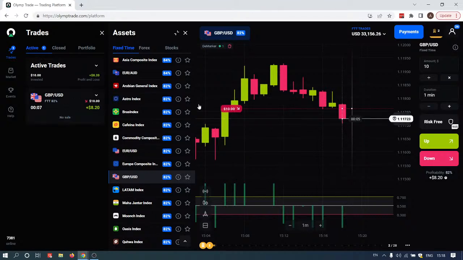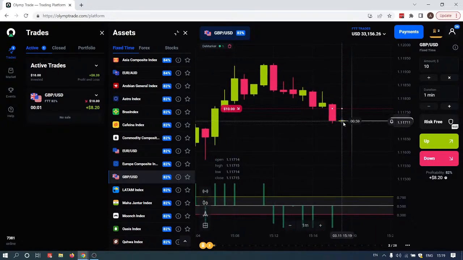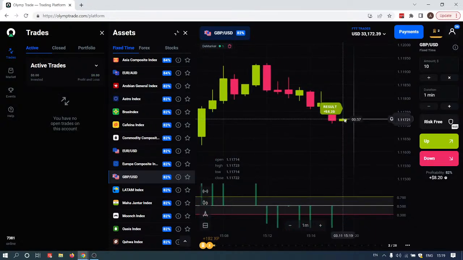All right, so this trade is about to close with a nice little profit here. All righty, and maybe one more.